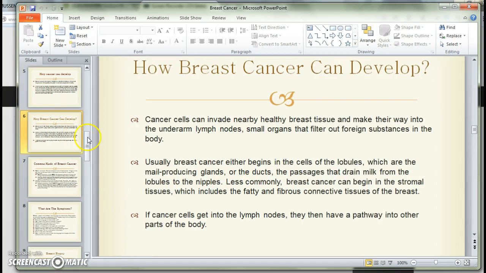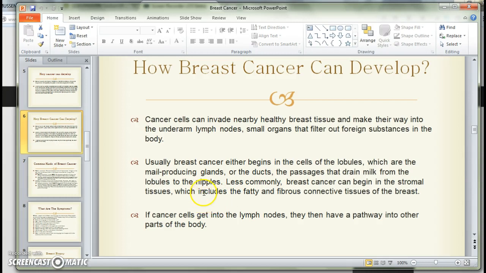Breast cancer can develop when cancer cells invade nearby healthy breast tissue and make their way into the underarm lymph nodes, small organs that filter out foreign substances in the body. Usually breast cancer begins in the cells of the lobes, which are the milk-producing glands, or the ducts, the passages that drain milk from the lobes to the nipples.